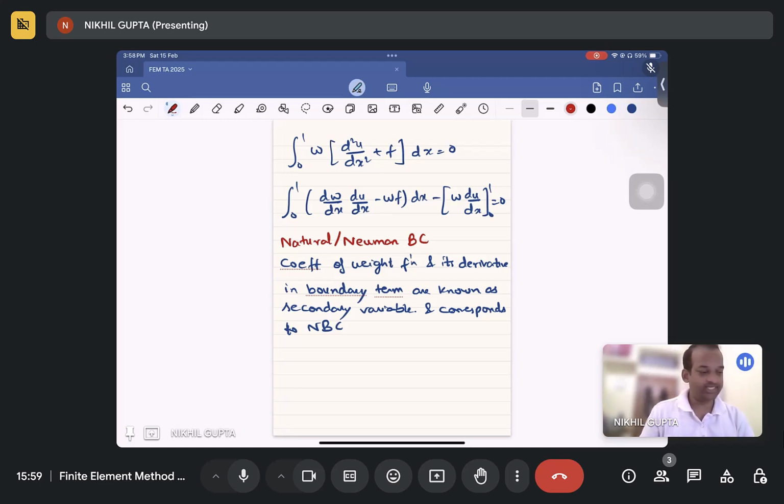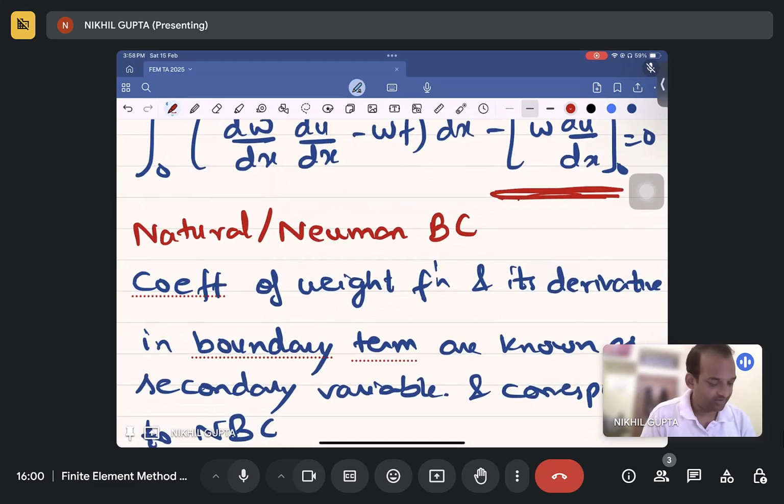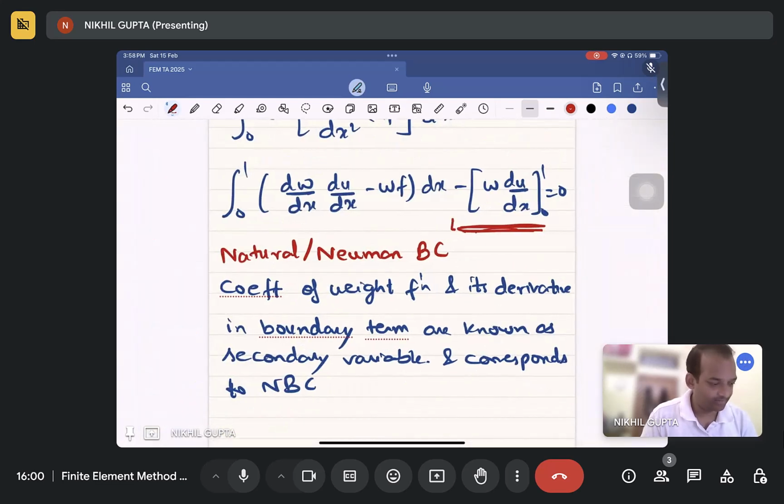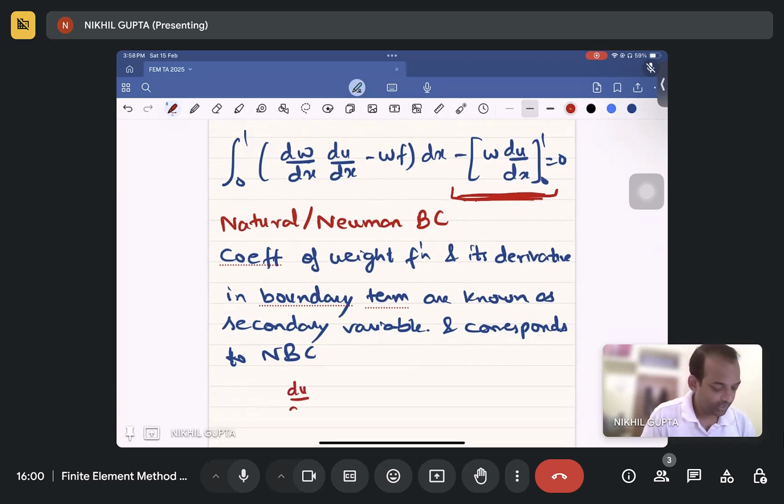Boundary conditions are defined by this boundary term. In any problem, this being a simple problem, you know what your Neumann and Dirichlet conditions are, but in any problem you solve, you will get a boundary term like this. It says the coefficient of the weight function and its derivative in the boundary term. What is the coefficient of the weight function? It is du by dx. Is there a derivative of the weight function also in this boundary term?